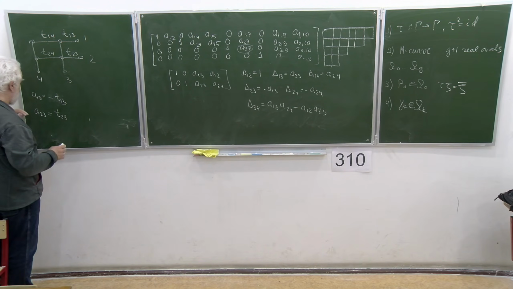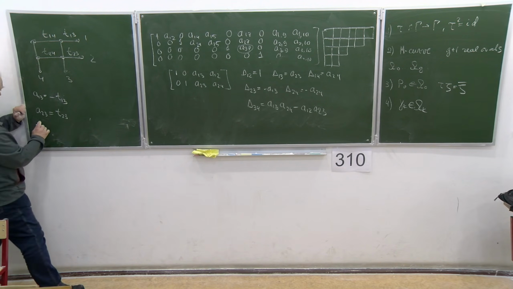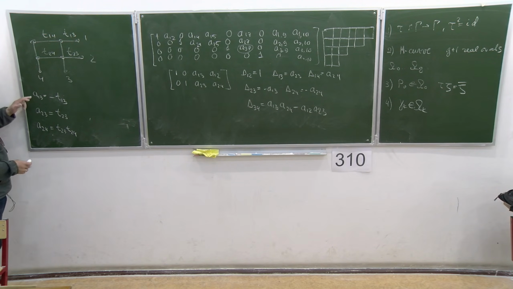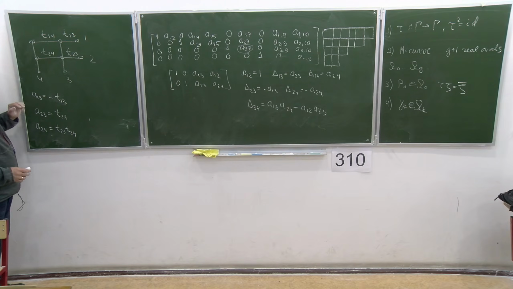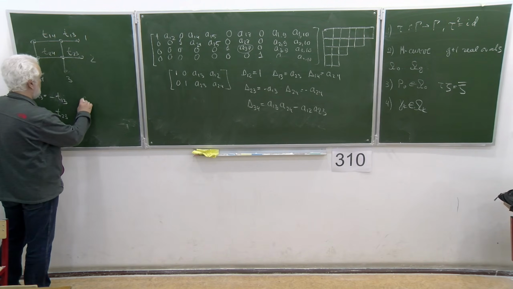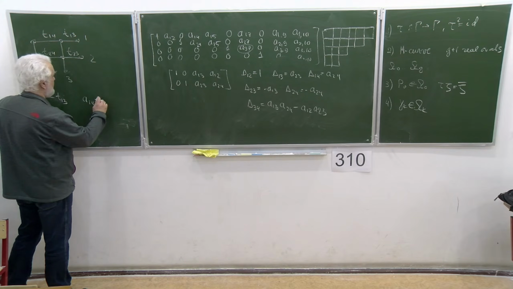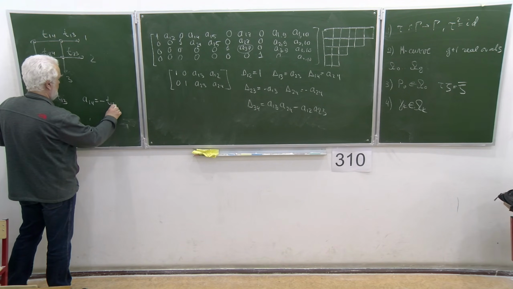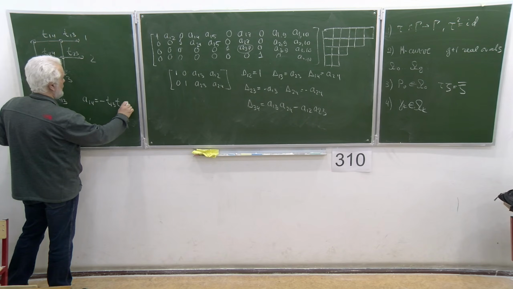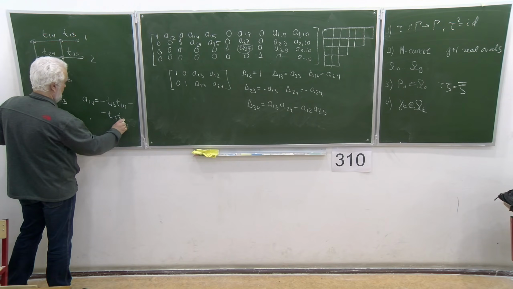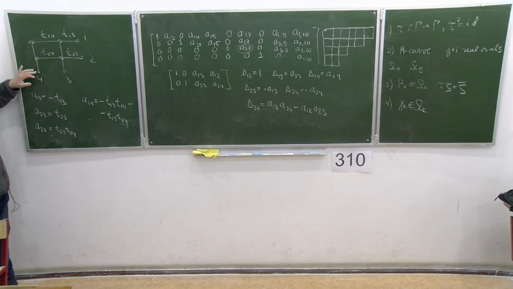A, T2,3, T2,4 equals minus T, 4 minus. Only one source.